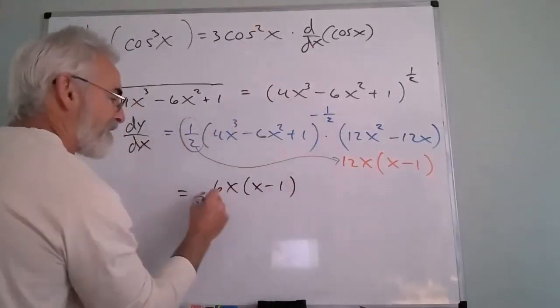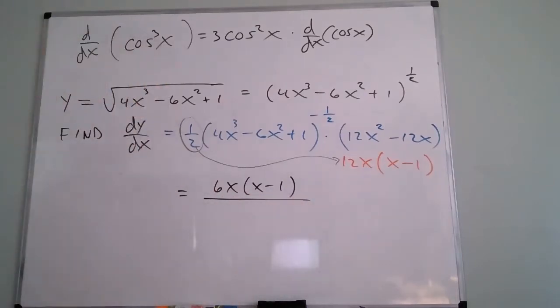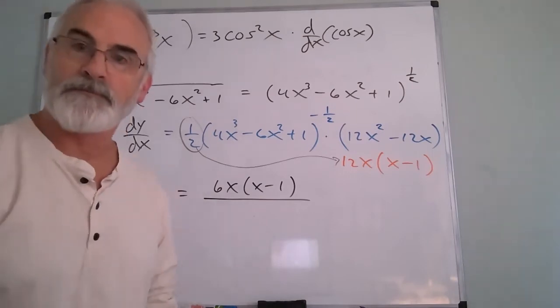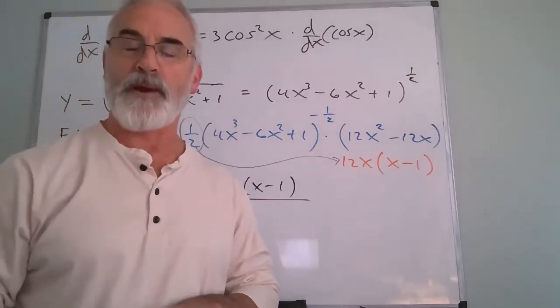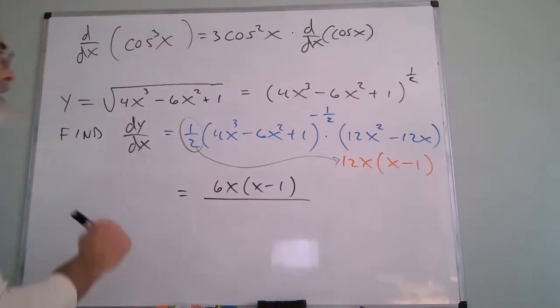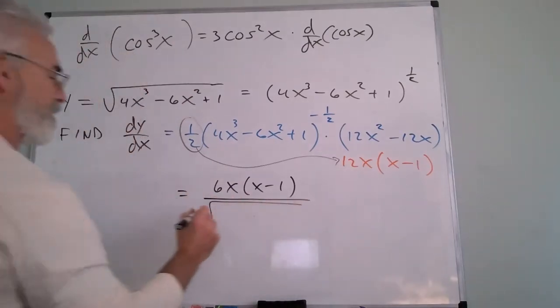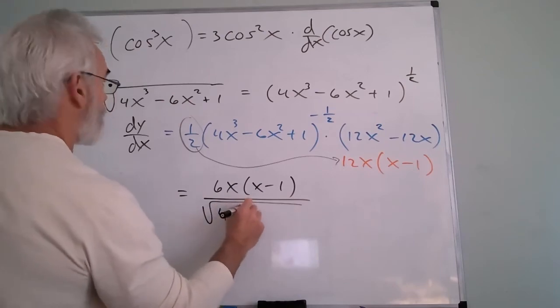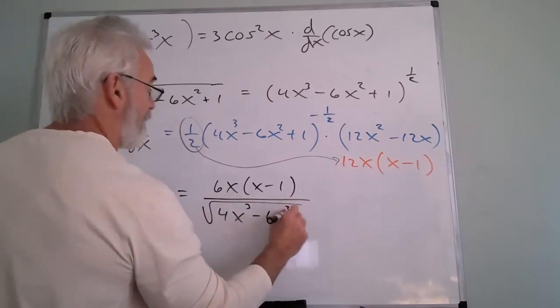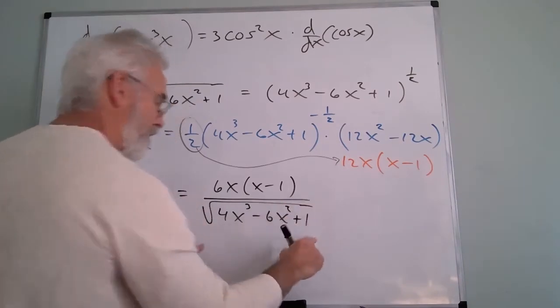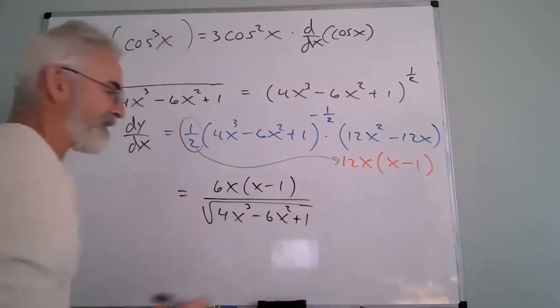Negative exponent, it's got to go downstairs. Now, can I leave it as a 1/2 power? Absolutely, you could leave it as a 1/2 power. But this is one of those times I would probably write it as a root because then it more resembles the original problem. And none of us have difficulty with that. If you wrote this quantity to the 1/2 power, that's exactly the same thing.